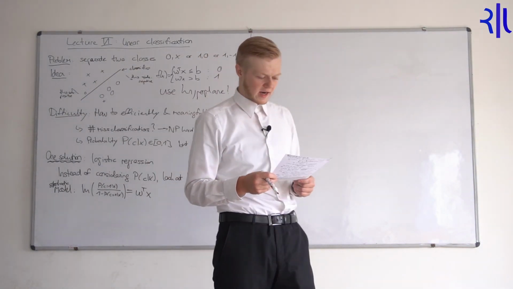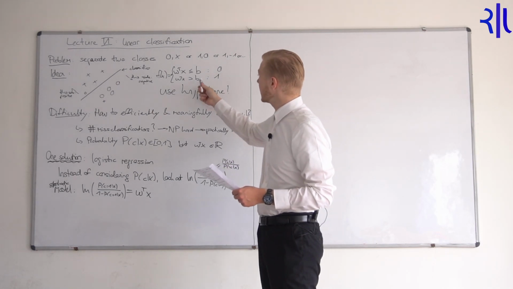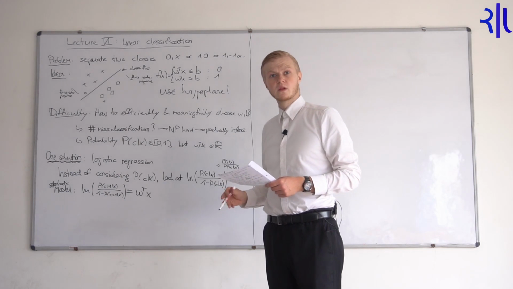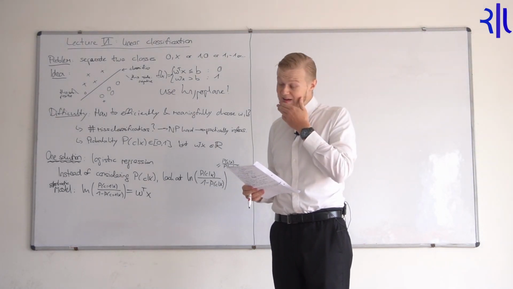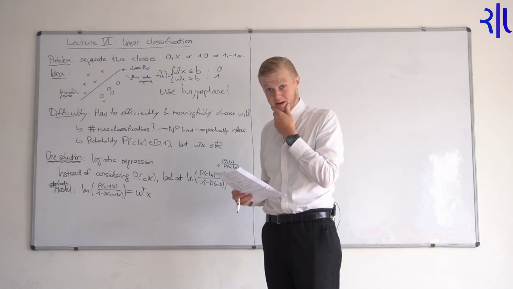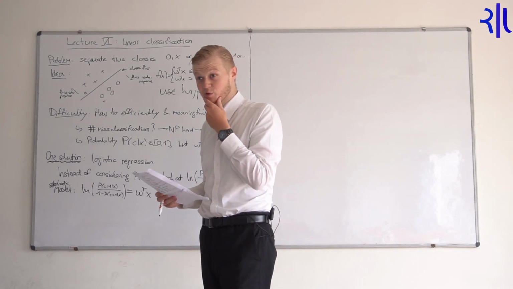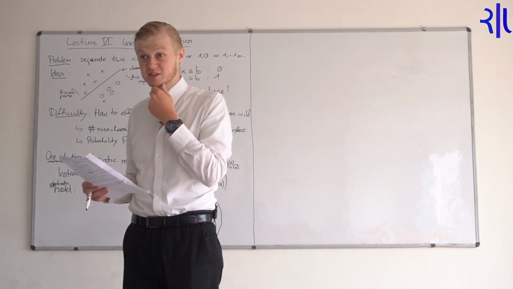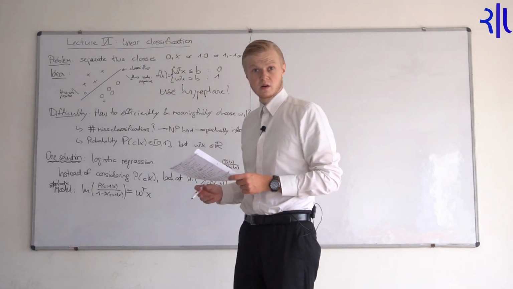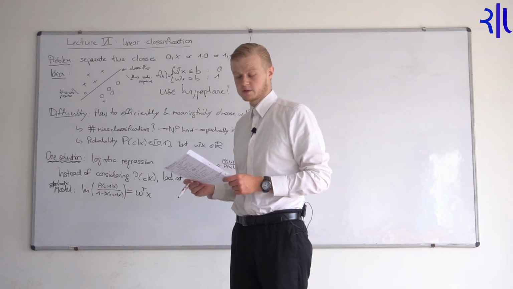Now, how did we get rid of b? Quite simple. If the odds are in favor of class 1, we choose class 1. If they aren't, we choose class 0. So basically, if this is greater or equal than 0, we choose class 1. If it is smaller than 0, we choose class 0.